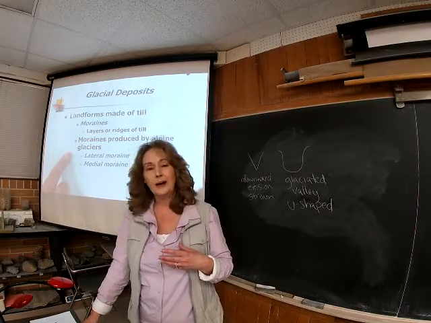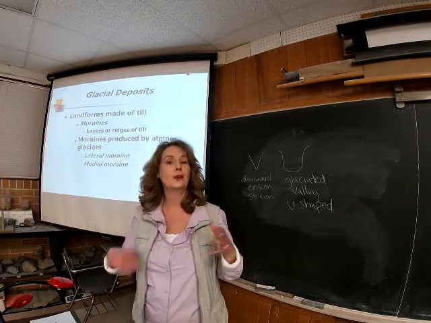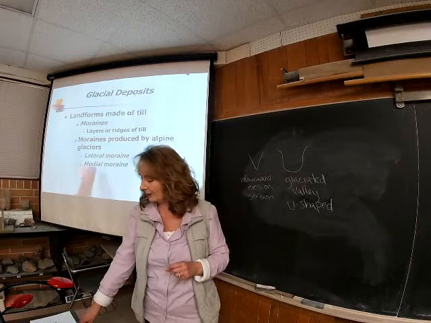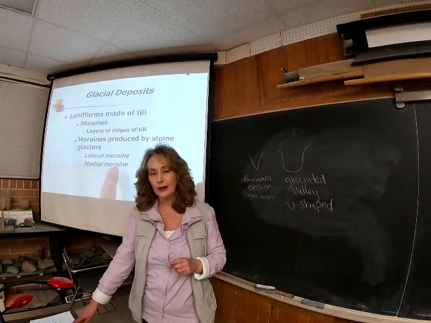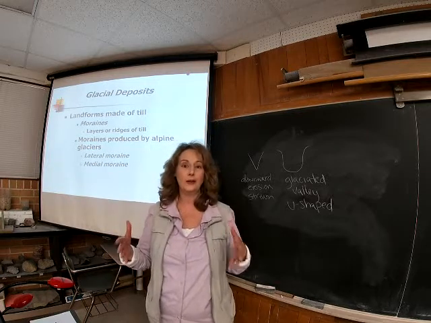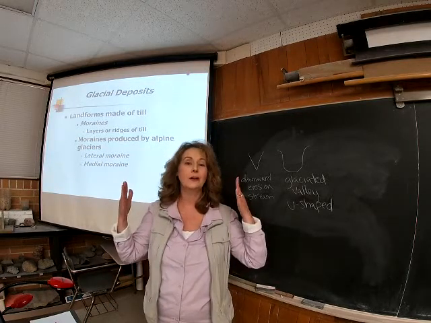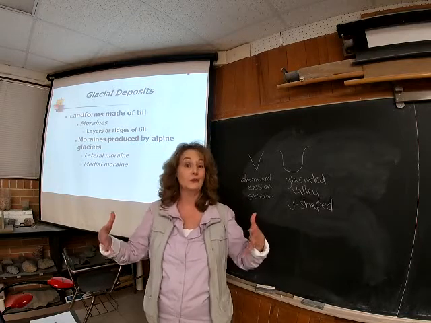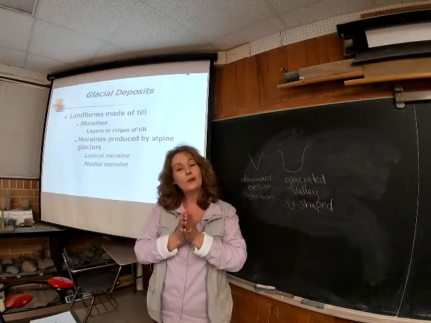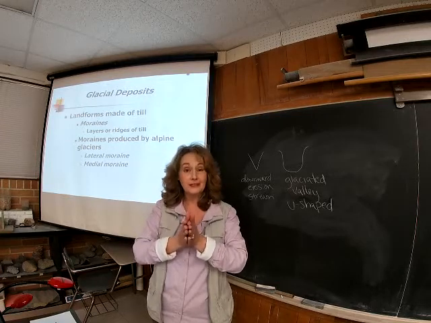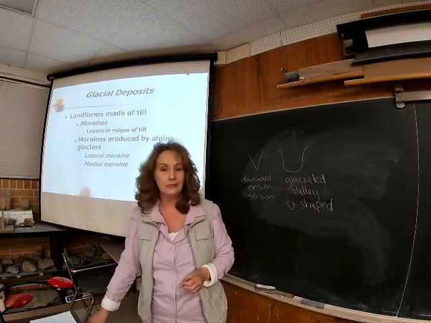what we see in our alpine glaciers, the moraines. So in the mountainous kind of terrains, we're going to see what we call lateral moraines, medial moraines. So kind of from where they are located. So are they coming along the sides of the valley walls? So those would be called lateral kind of moraines. Or are they going down the center, that ridge of till being deposited down the center? That would be called medial.